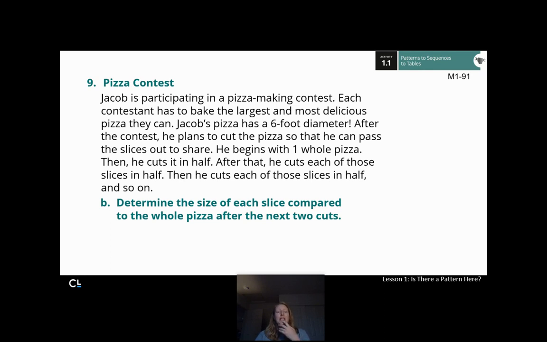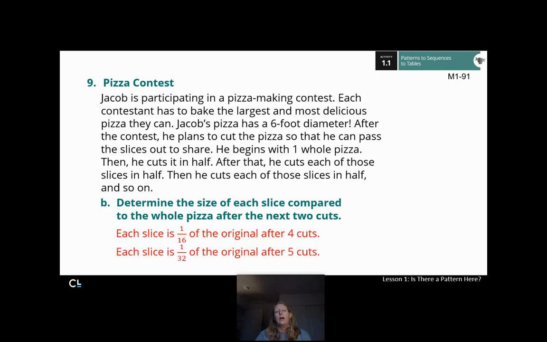So the next slice would be 1/8 times 1/2, which is 1/16. And the next cut would give me slices that are half of 1/16. So 1/2 times 1/16 gives me 1/32. So I just keep cutting it in half, times a half, times a half, times a half.